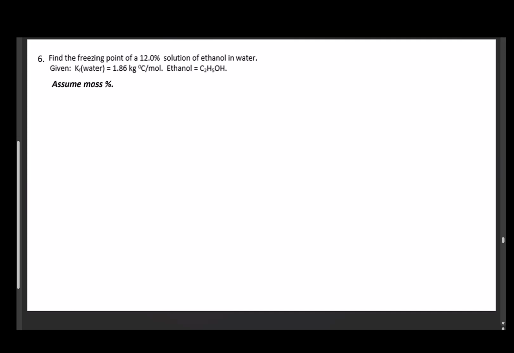So our solute here is ethanol, and our solvent is water. So we're saying this is a mass percent here. We want the freezing point of the solution, which is going to be equal to the freezing point of the solvent water, which we know is 0.00 degrees Celsius, minus the freezing point depression.